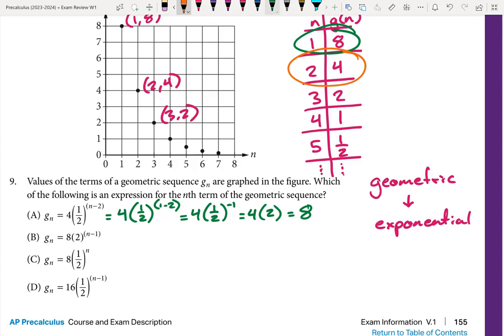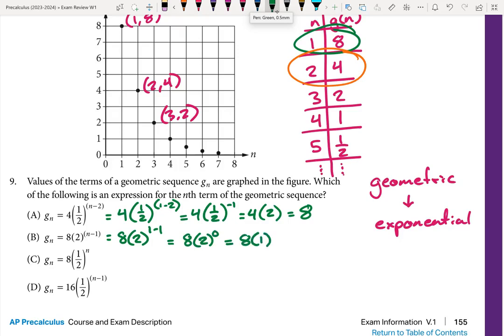All right. Did we find any that we could eliminate? Did B give us 8 when we plugged in? Yes or no? Let's double check that. 8 times 2 to the 1 minus 1. What is 1 minus 1? What is anything to the 0 power?